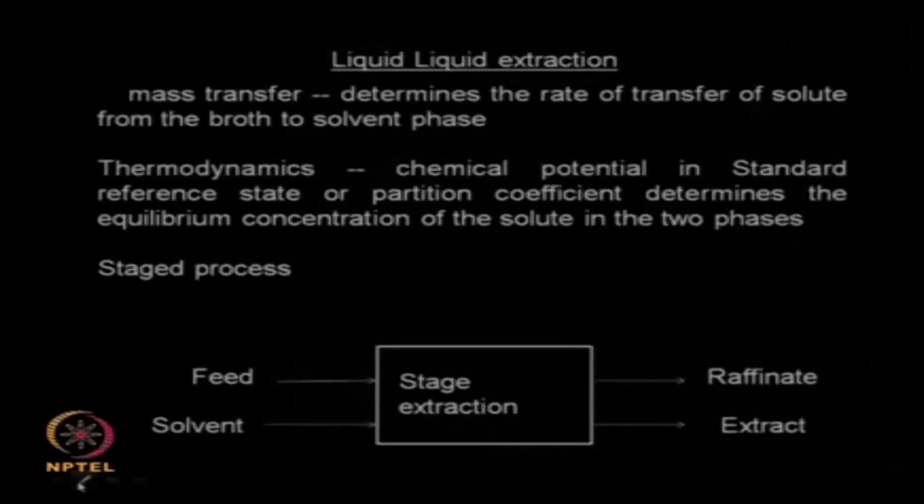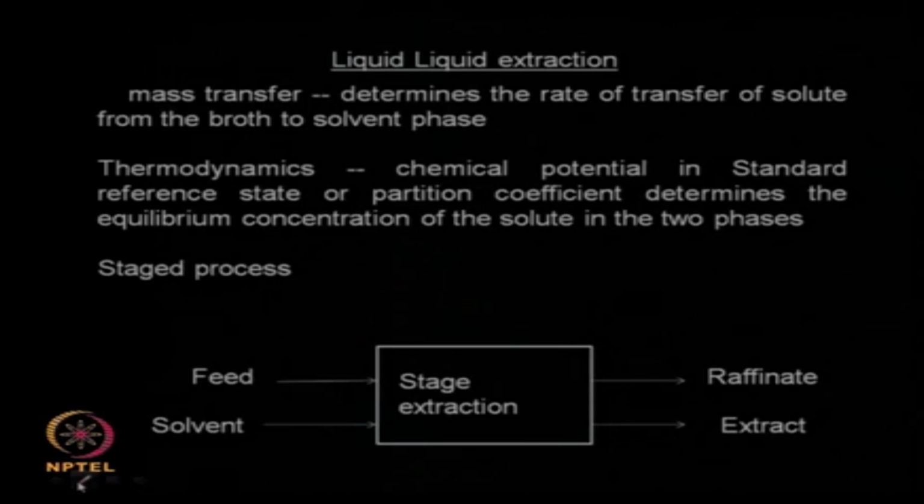The next one is the thermodynamics. Thermodynamics determines how much can be extracted, that means the maximum under ideal conditions what will be the maximum amount of solute that can be extracted from the fermentation into the solvent layer. So this particular parameter is based on the partition coefficient, or it is also called the standard chemical potential.